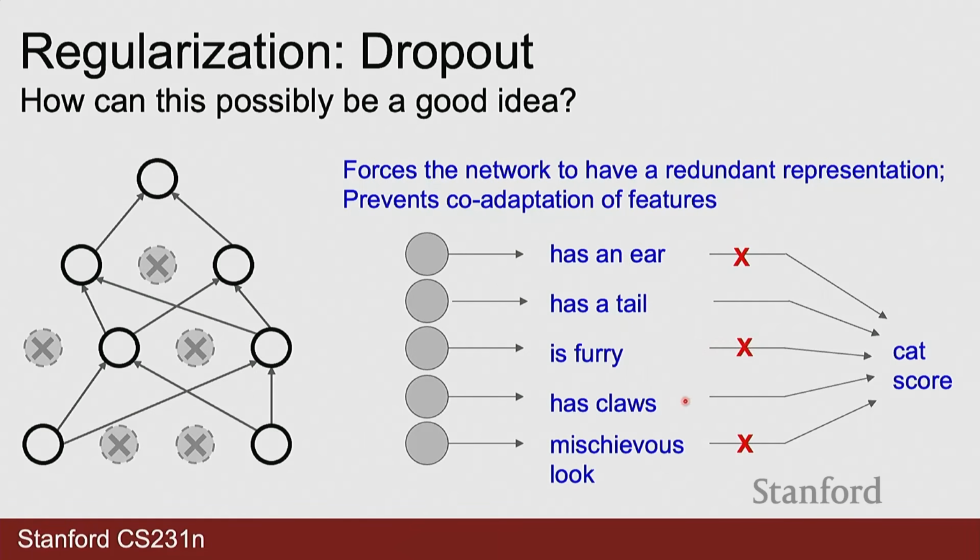Or if it has claws and an ear, it'll almost always be a cat in your data set. It will actually help you generalize better to new features, despite the fact that in your data set there might be really strong correlations between the codependency of certain features and your output class. By having dropout, you're making it so the model can't rely on these during the training phase, because it won't always see the pairs of features together.